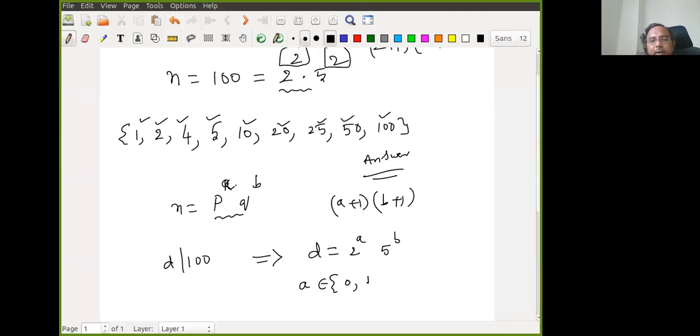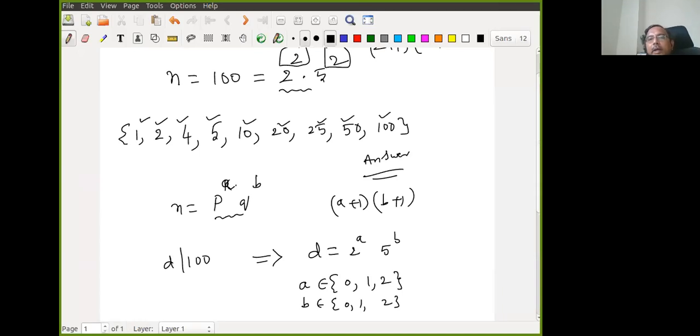It can be 0, 1, or 2. It cannot go beyond 2, because 2 square, that is 4, is the highest power of 2 dividing 100. What are the b values? 0, 1, 2 only, right? So a has 3 choices and b has 3 choices. That's why 3 into 3, a total of 9 choices, are there.